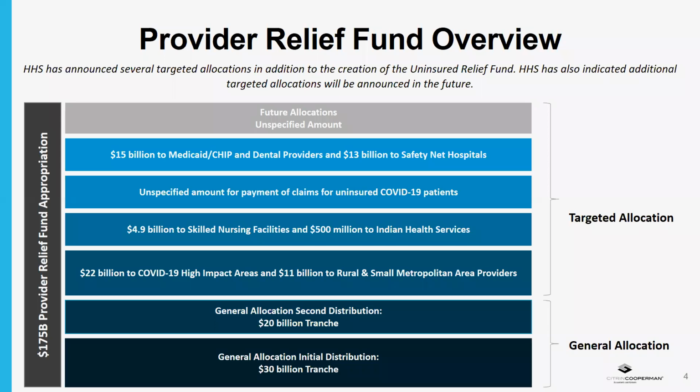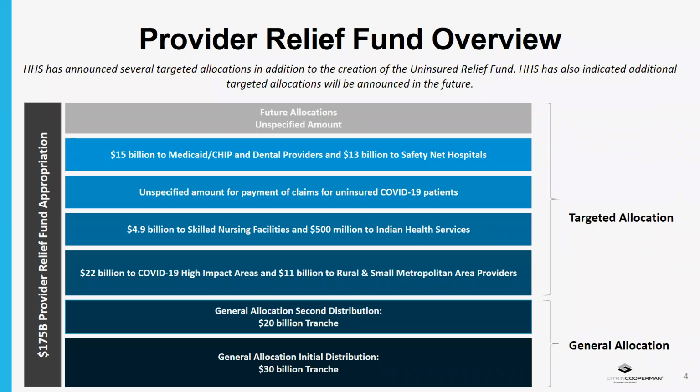So again, just a little bit more detail on these funds. There have been several allocations. They started in April with the general allocation. That was $50 billion, and that was primarily focused on Medicare providers. Since then, there have been a number of targeted allocations.